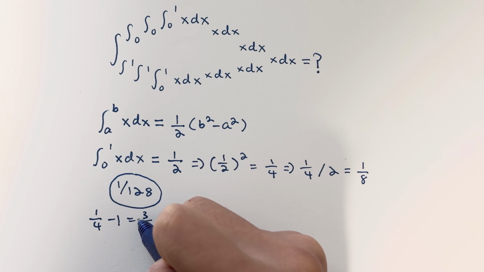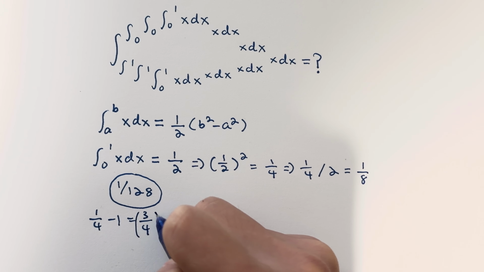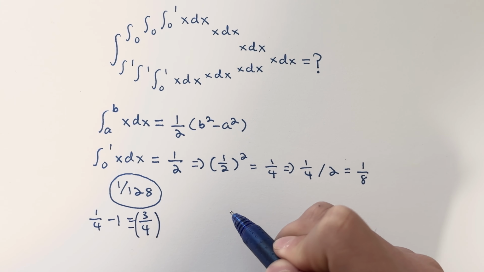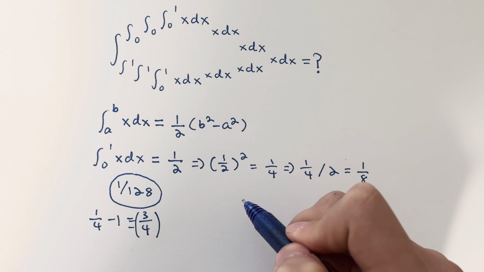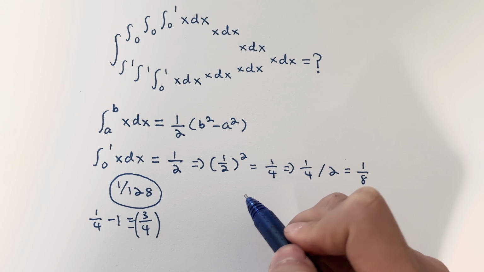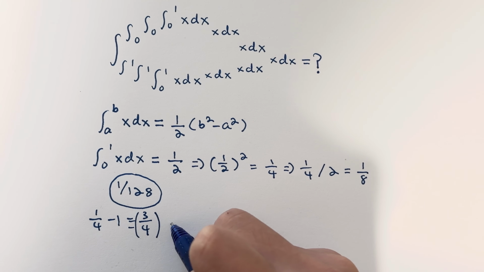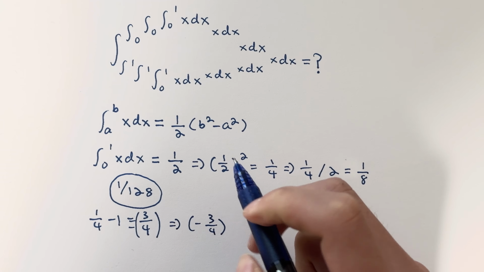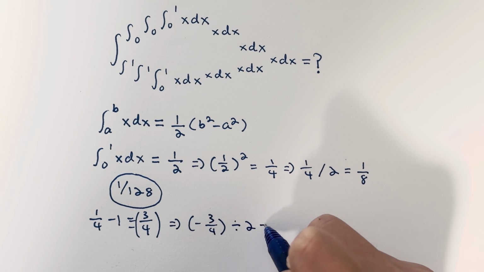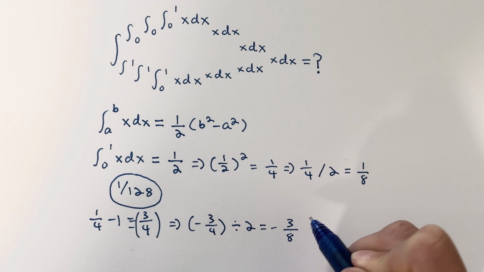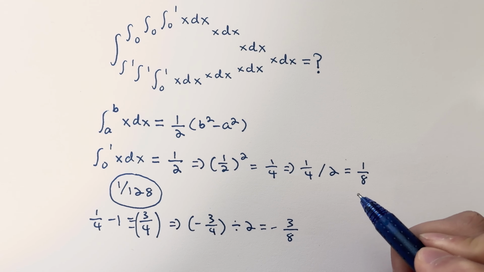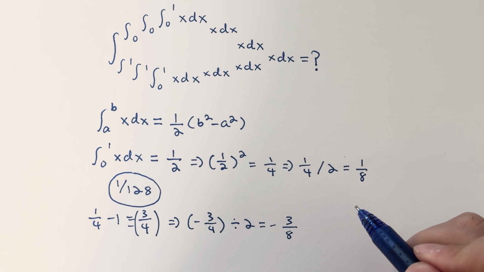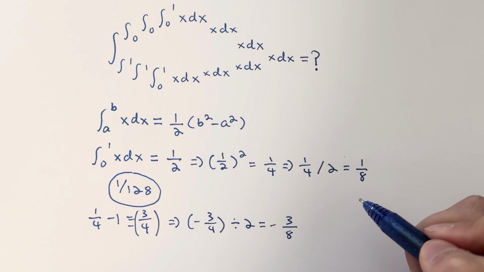And do not forget the negative sign. So we're going to divide by 2 to get negative 3/8. And then we can take that negative 3/8 and square it, negative 3/8 times negative 3/8, which is 9/64.